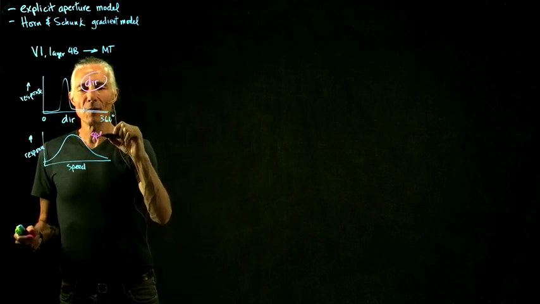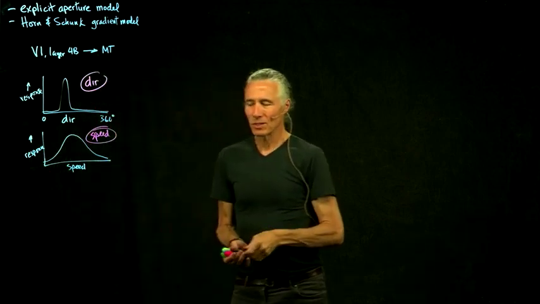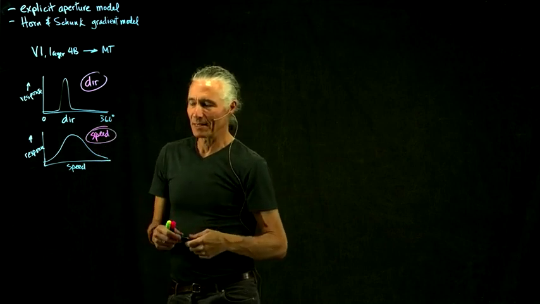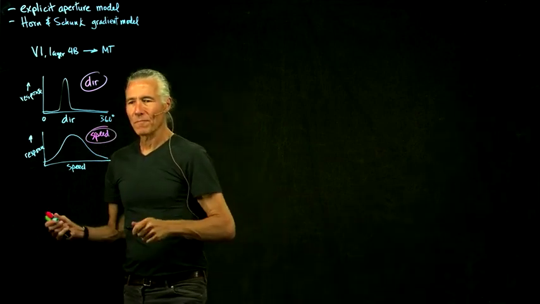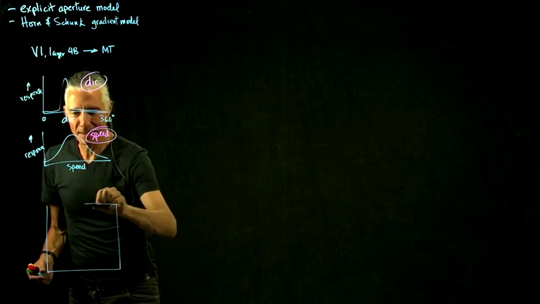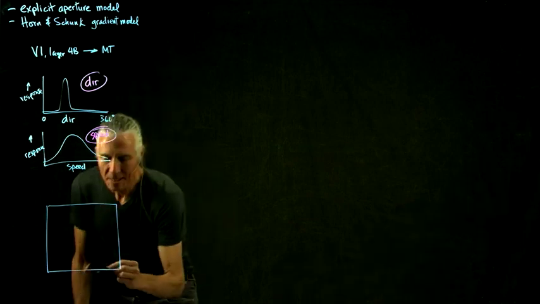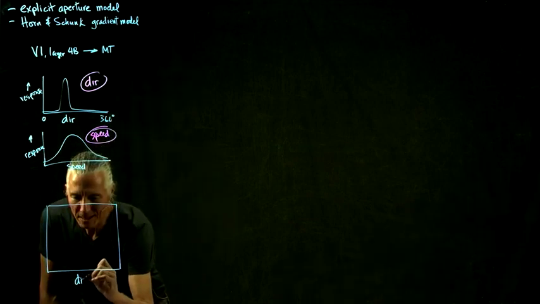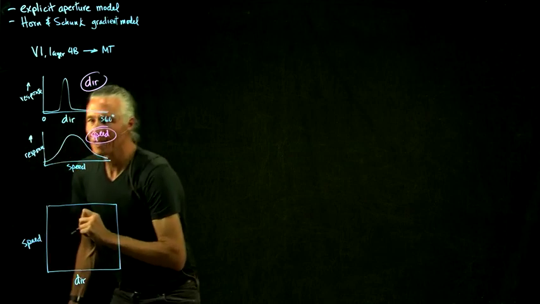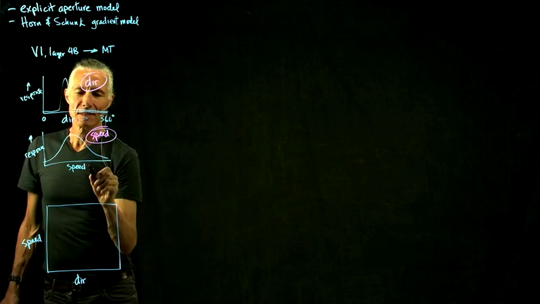But really we need to know the response across all different combinations of directions and speeds. So this is a different coordinate system than we were using. We'll put direction here and speed here. These are 1D graphs, and now you have a 2D graph.